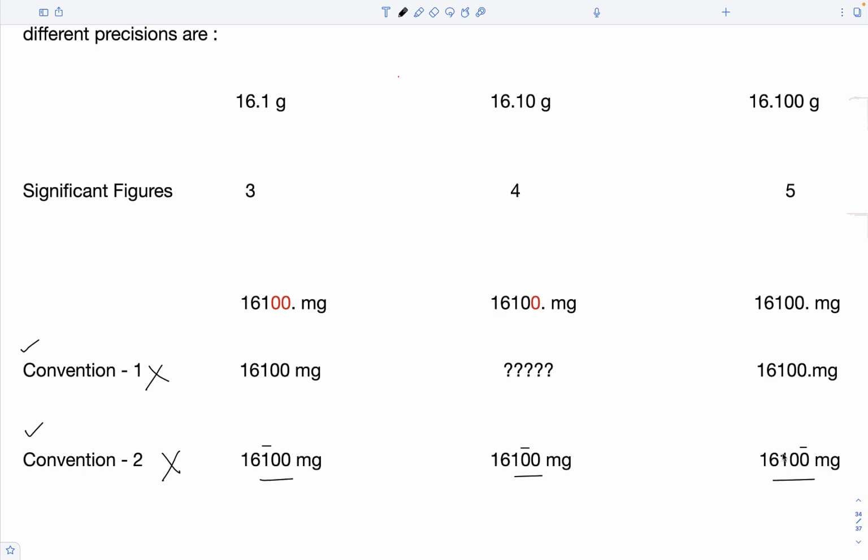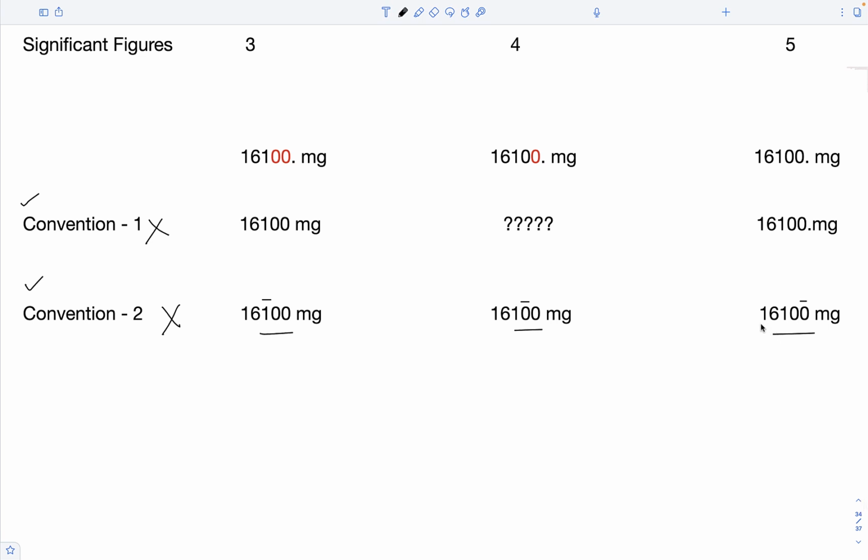Because we have the freedom, I choose to put it between this 1 and 6. Now you would understand shortly why I chose this particular location for the decimal point.